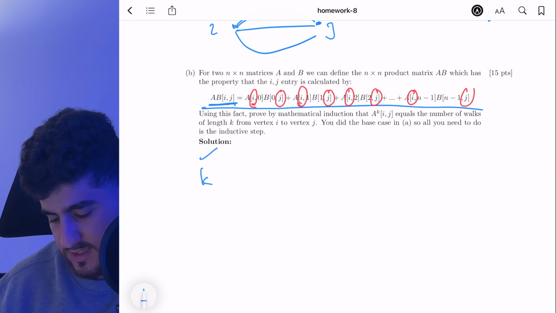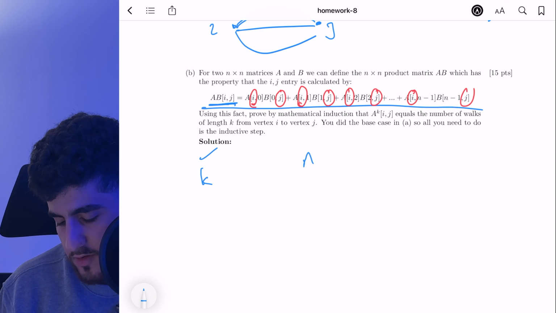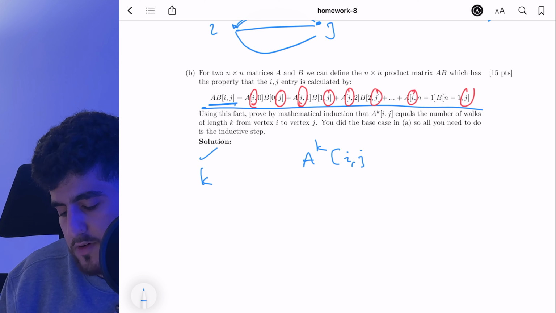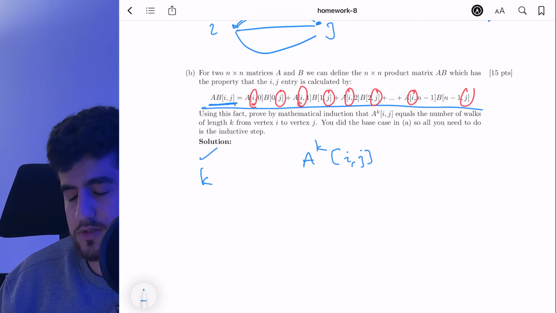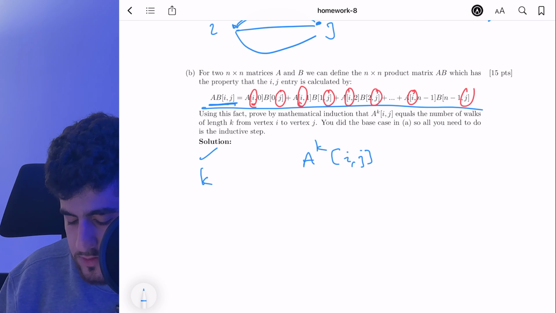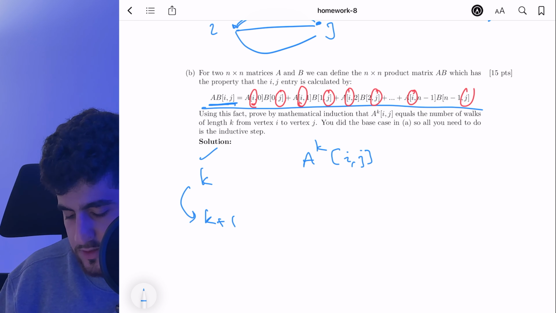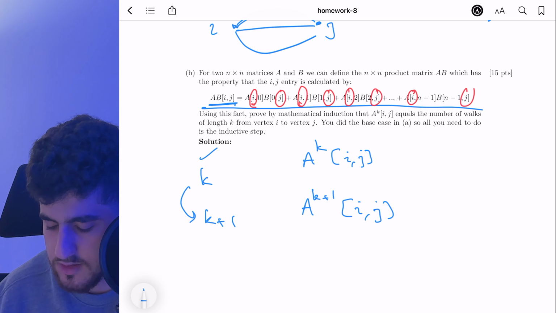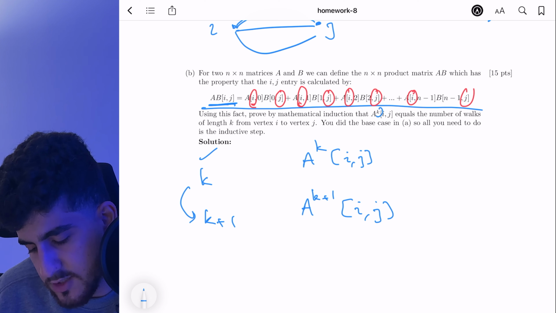We know that A to the power of k of i and j shows the number of walks of length k from i to j. Now we want to say that for k plus 1 it is also true. If for k is true, for k plus 1 is also true. And k here is just a variable. Maybe it's better if you use another variable, because k is used here.